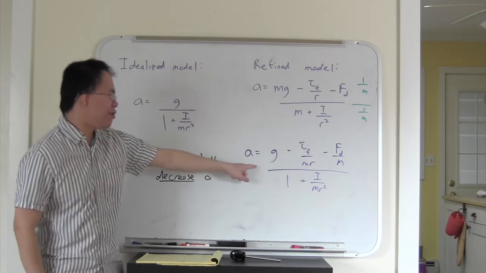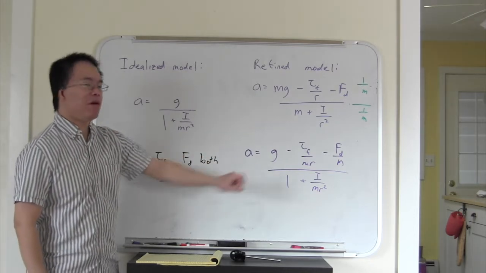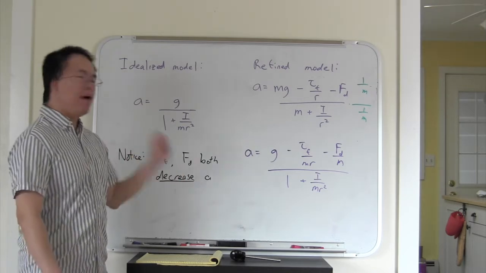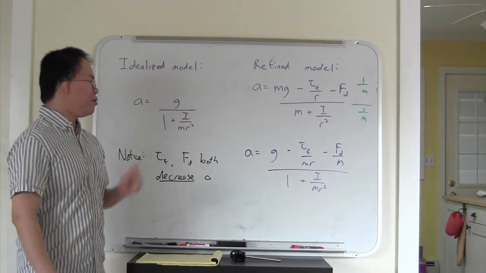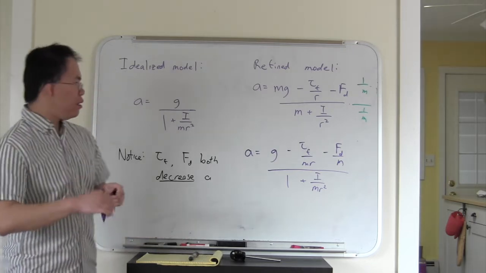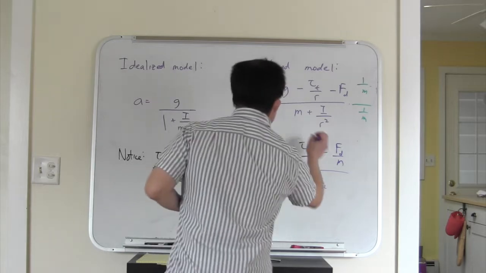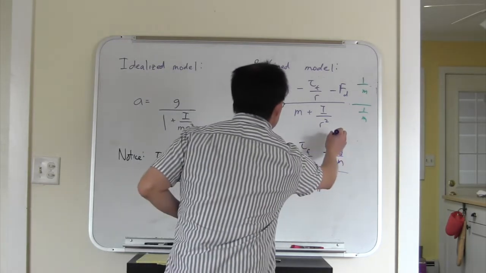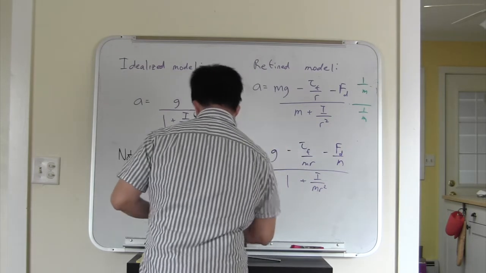And one last physical takeaway from writing it in this form: it also helps us see when these effects matter. Let me take the two things separately. Let's just look at the air drag term here, and let me circle that.